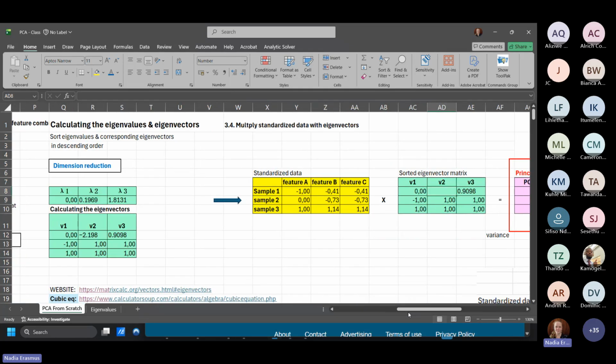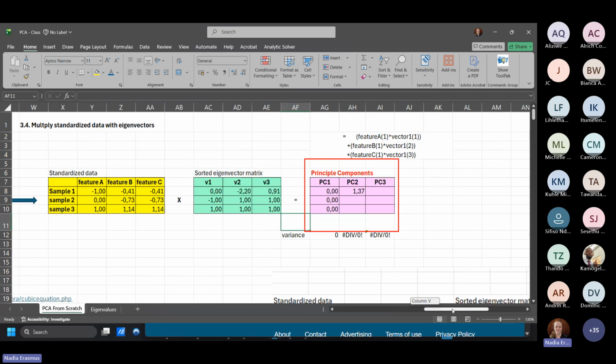That one is minus 2.198. That is correct, yes. And it's 0.9098. Okay, thank you very much for picking up that one, because that is why it didn't work. Okay, so now it works. A comma and a point can ruin everything.